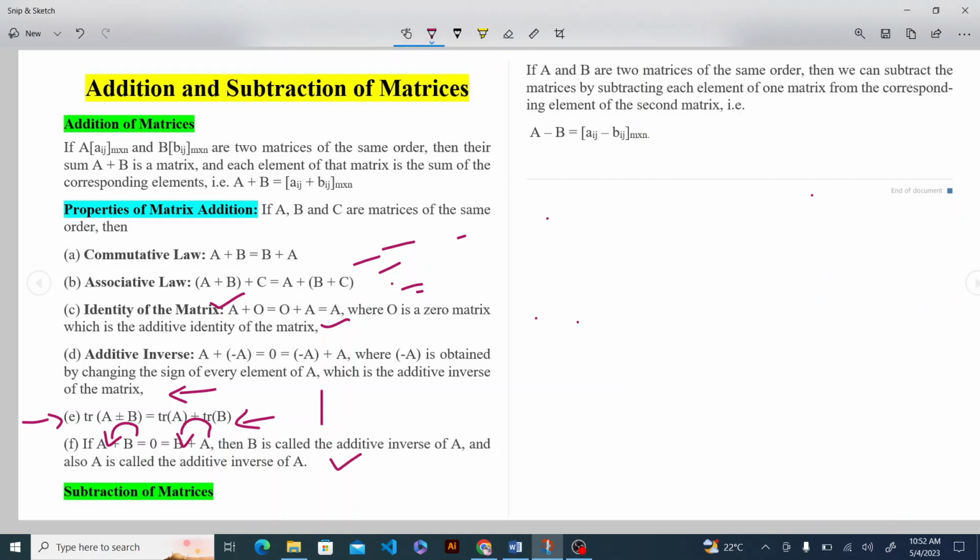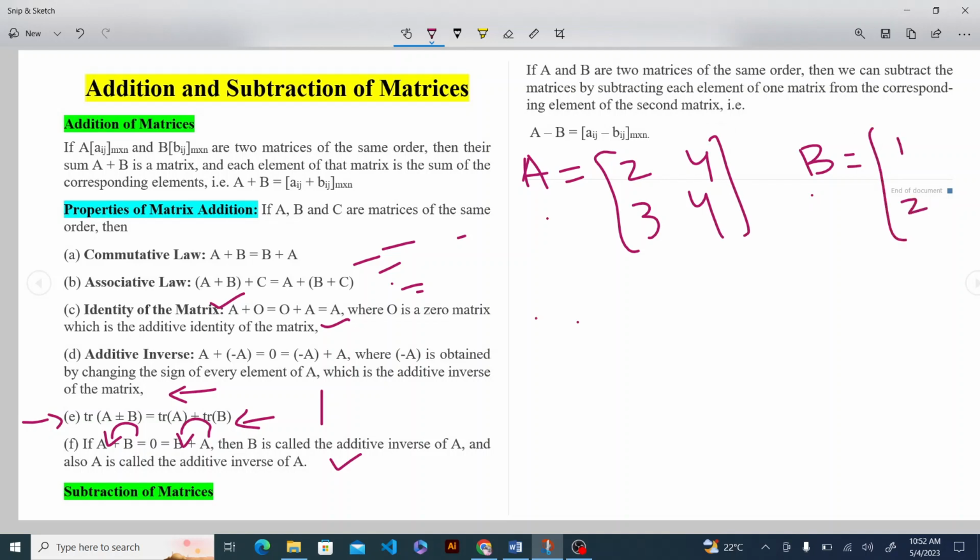So we have two matrices, matrix A and matrix B. Let us find A plus B first.